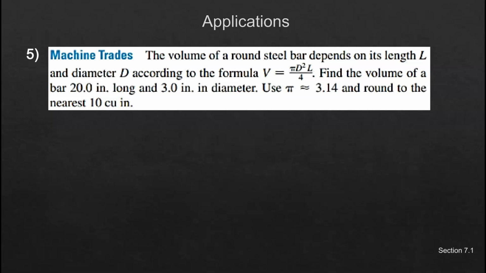All right, so L is 20.0 inches and D is 3.0 inches. Sometimes it's good to identify these things, especially with a word problem. You also could use some highlighting here, and don't forget that we're going to use 3.14. This is our diameter, and then this was our length.